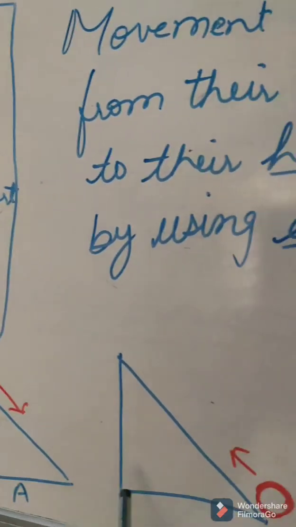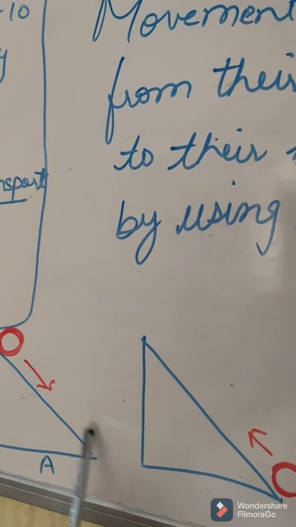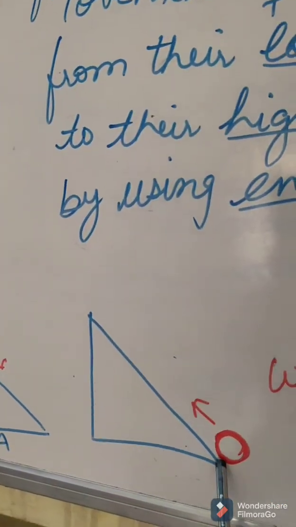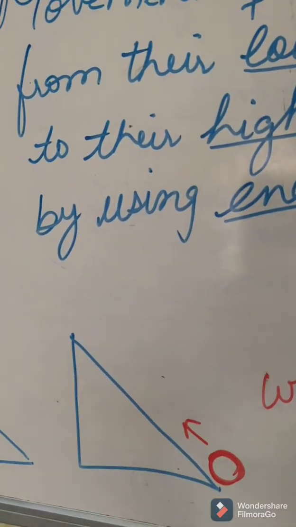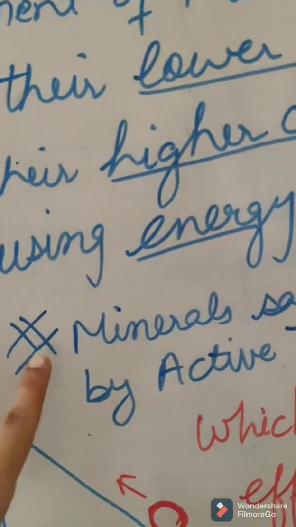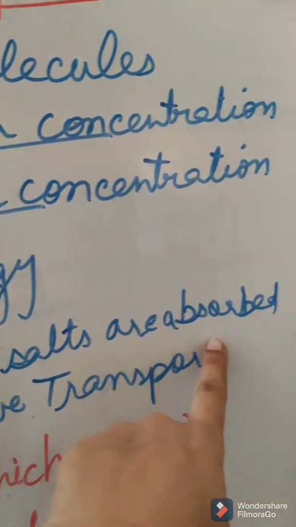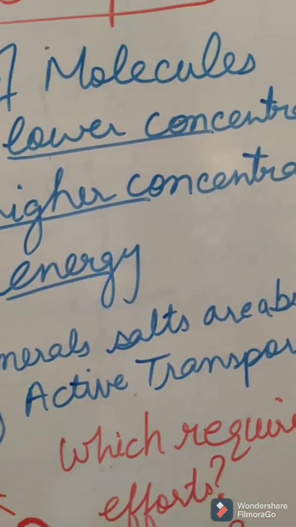Now tell me, in which setup will effort be required and energy be utilized? In setup A, due to gravitational pull, the ball will automatically move downward. But in setup B, we have to push the ball upward. That means setup B requires energy. So we have an example: mineral salts are absorbed by the roots by the process of active transport, right?